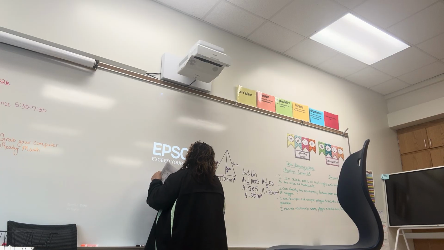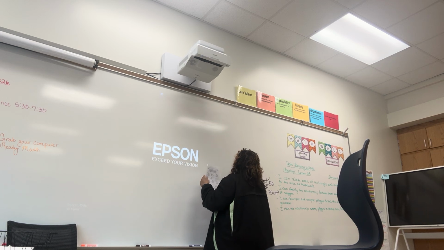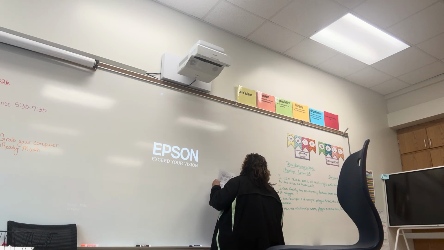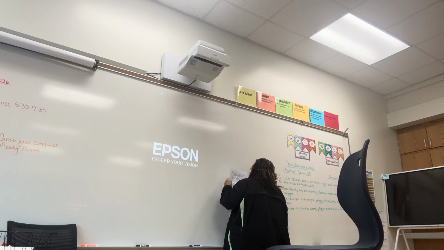All right, good morning, boys and girls. We are going to do a quick little reteach review on area and perimeter. As I erase the board, go ahead and get out your notebooks, because I want you to take notes and make sure you have the right formulas.